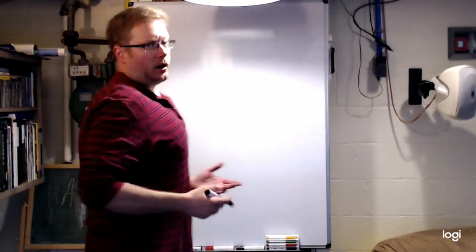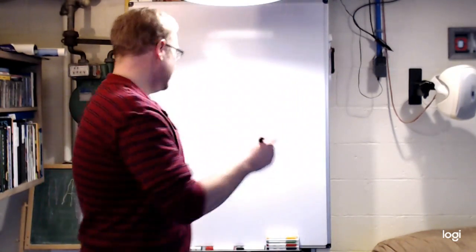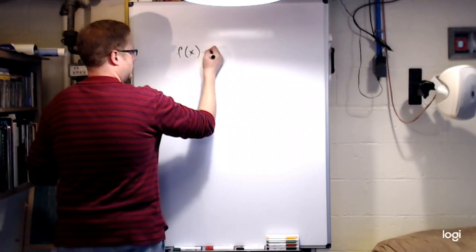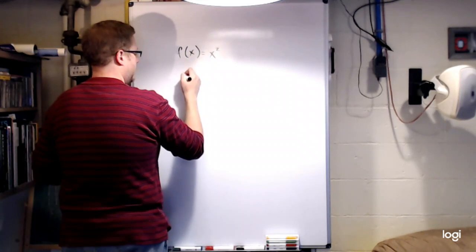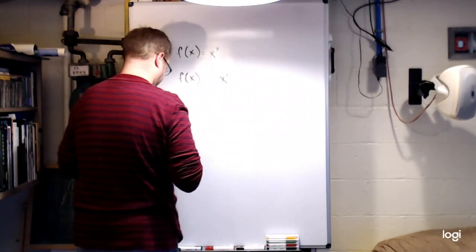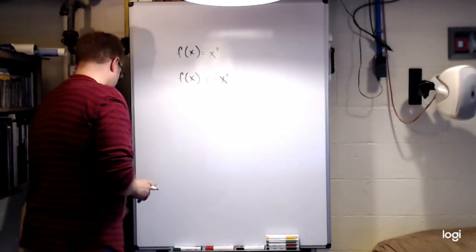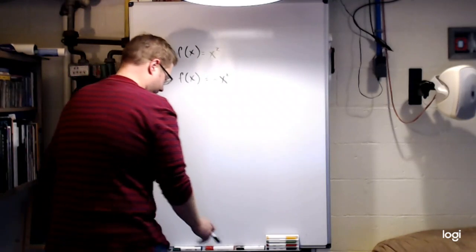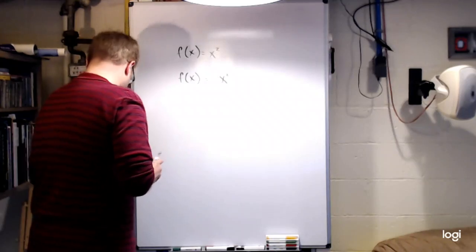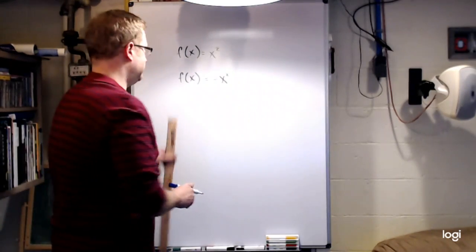So if you recall back when we graphed the parent functions, I'm going to put two up here: f of x equals x squared and f of x equals negative x squared. So if I take those and toss them up on a graph, let me show you what we get. And then I'll explain why we care about this.